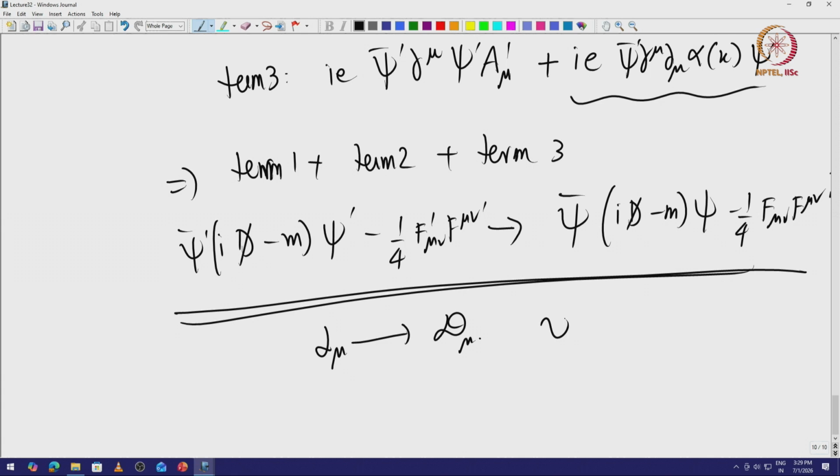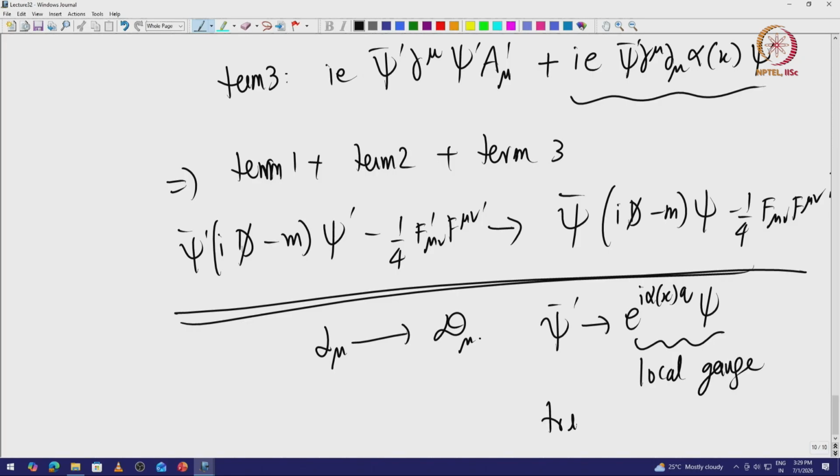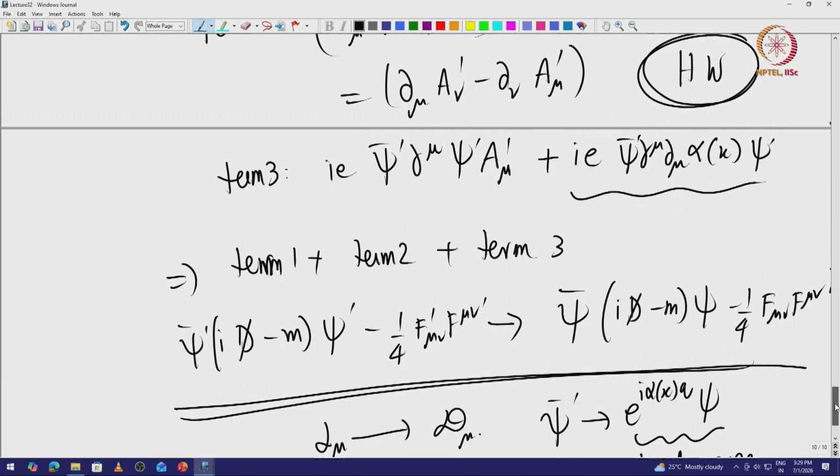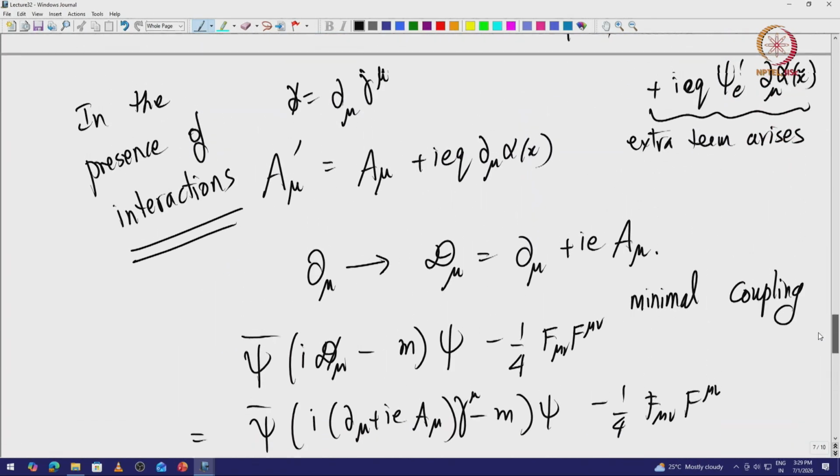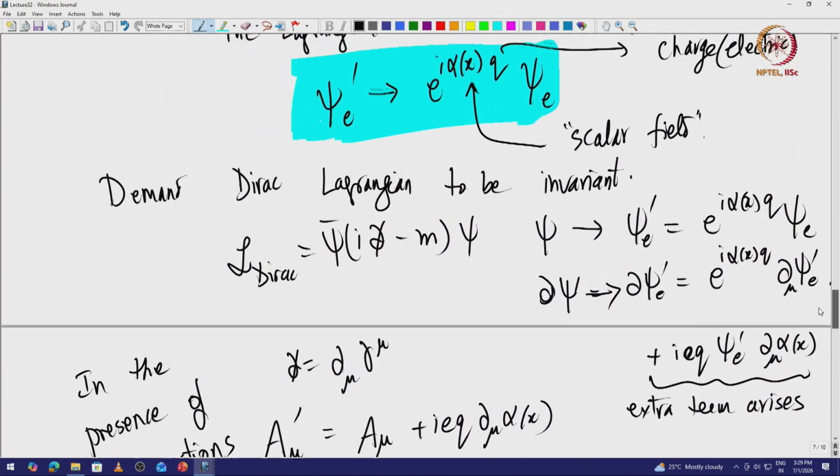This Lagrangian is invariant under what we call local gauge transformations. So, these local gauge transformations are also a local symmetry.